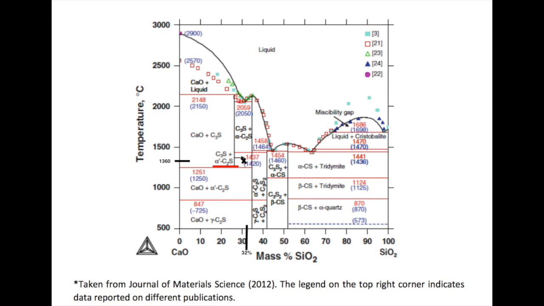Turning those proportions into percentages, we end up with a mass percentage of approximately 33 percent of silicon dioxide.